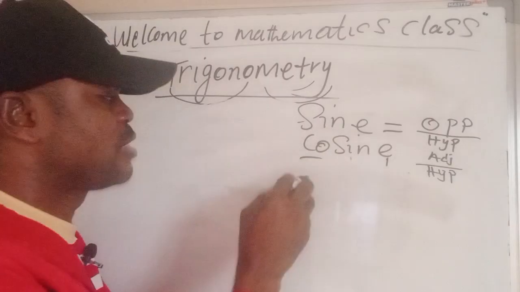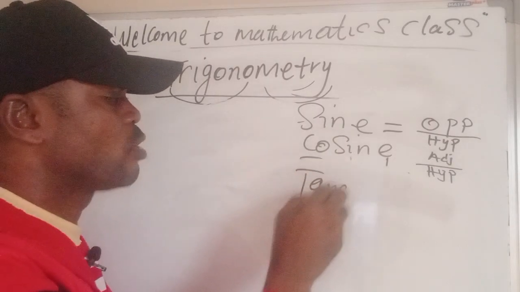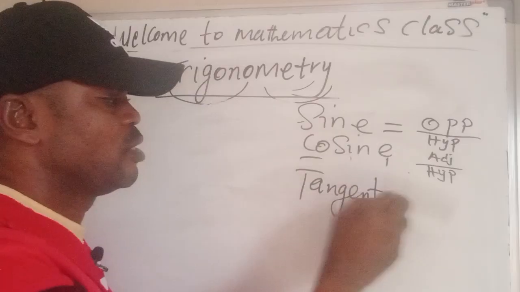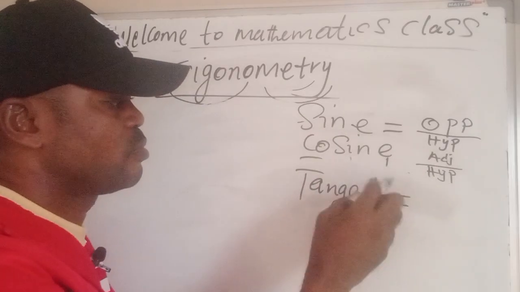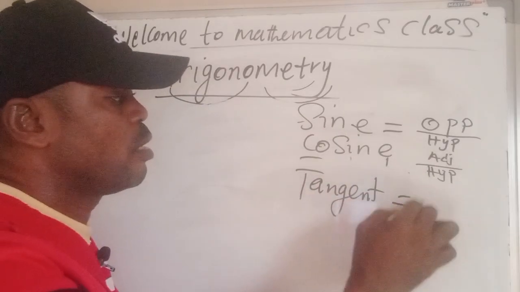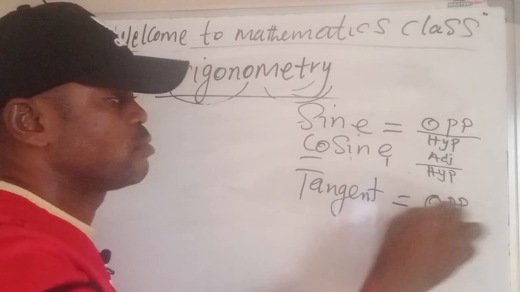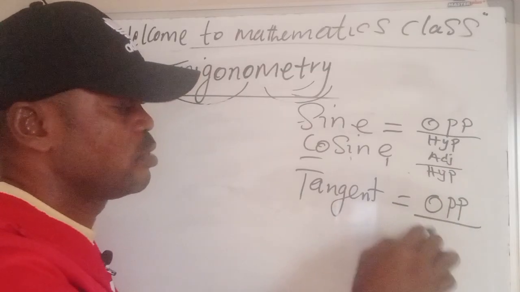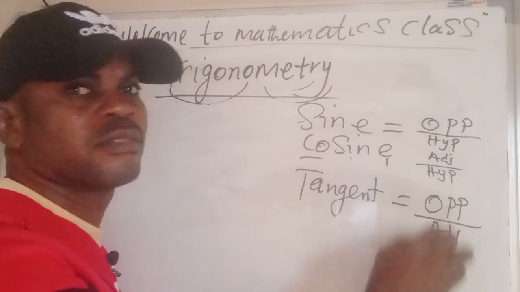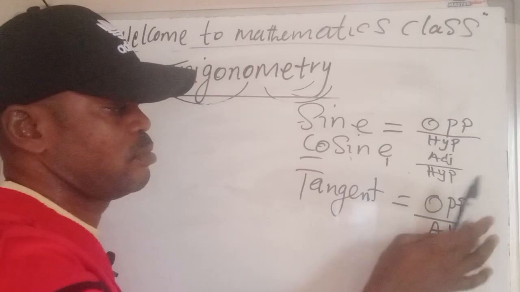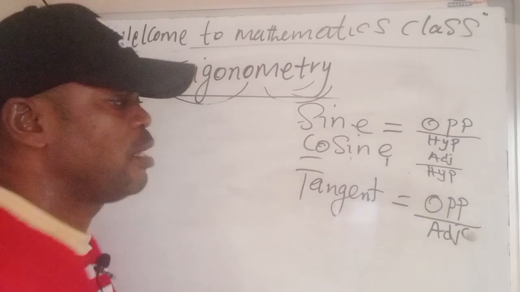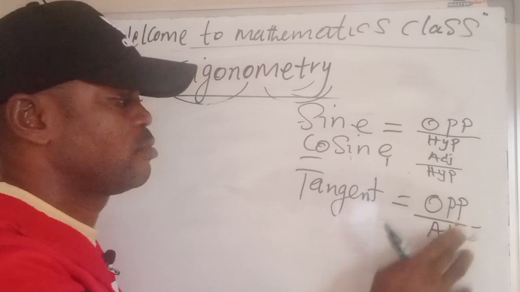When you hear of tangent, what comes to mind is the opposite all over the adjacent, abbreviated as ADJ.